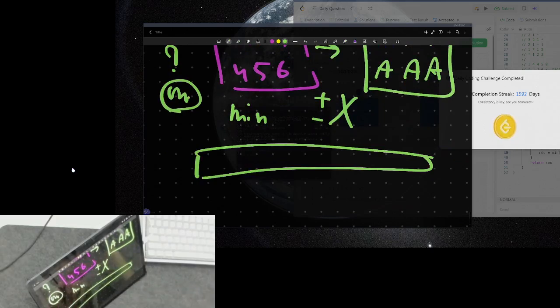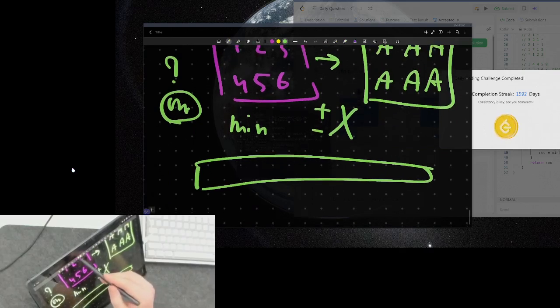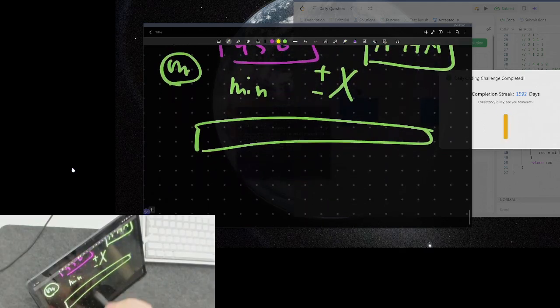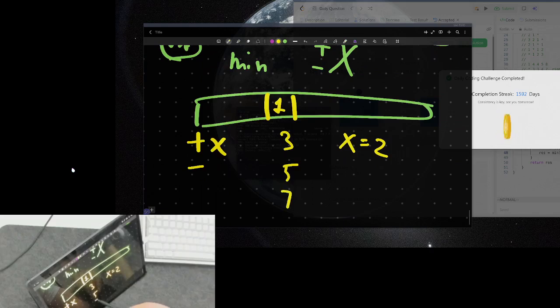Now the solution is, we have to consider what it means to do plus x or minus x for a particular number. Like if we have number 1 and our x equals 2, what can we do with this? We can get number 3, number 5, number 7, and so on.